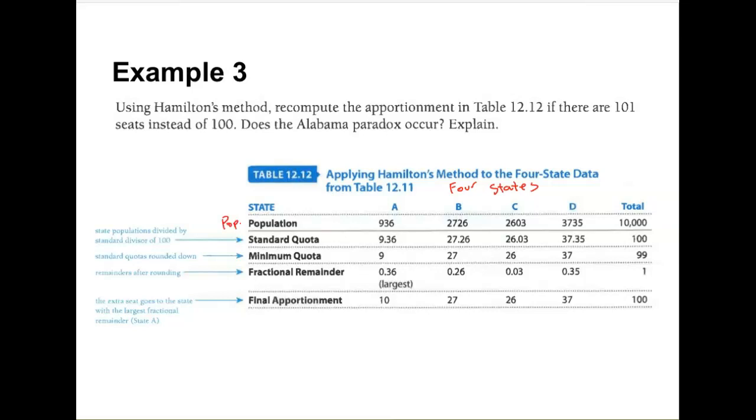So the population of state A is 936. The population of state B is 2726. C is 2603. And D is 3735. That gives me a total population of 10,000 in our little country that has 4 states in it, right?